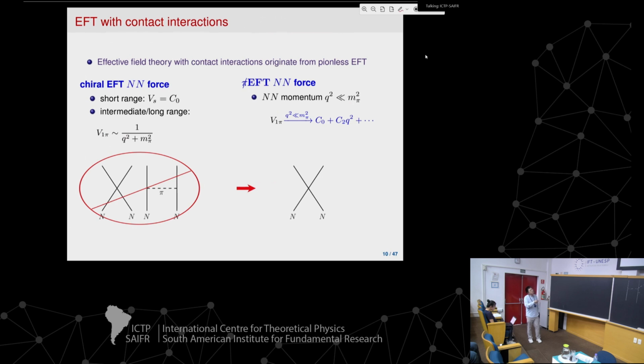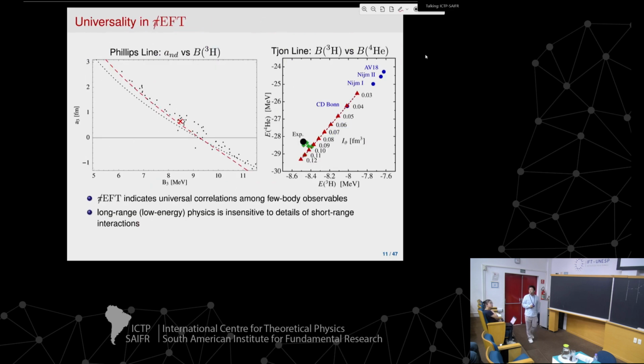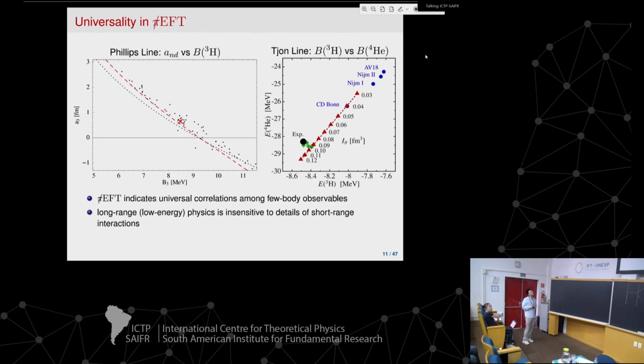So this is actually how we build these interactions with only contact interactions, and this will work for physics at momentum smaller than the pion mass. And so it's actually very successful in describing observables in very light nuclei.